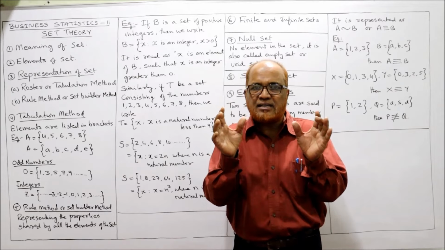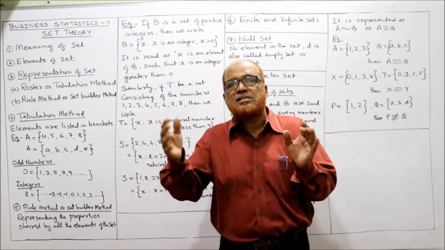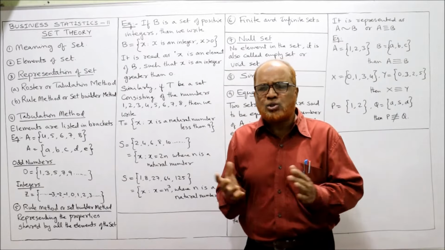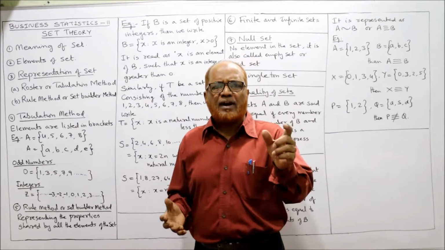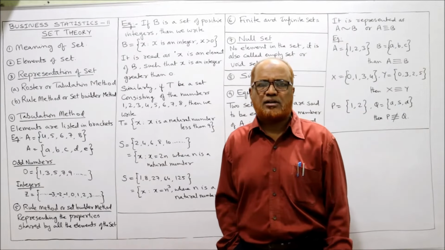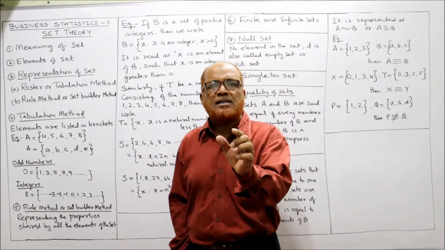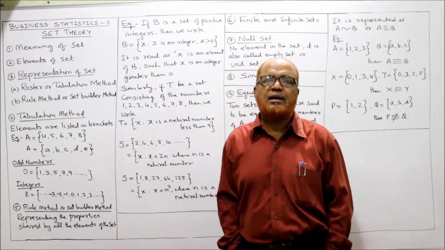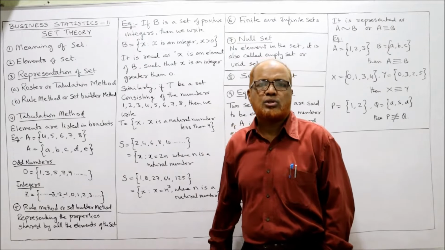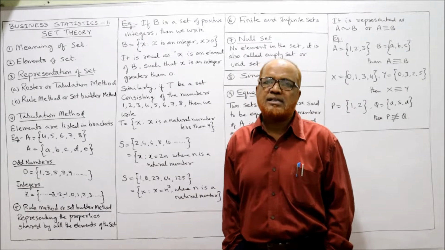That is the meaning. And this set will be represented by capital letters A, B, C, D, X, Y, Z, like that. Capital alphabets will be used to express the set.